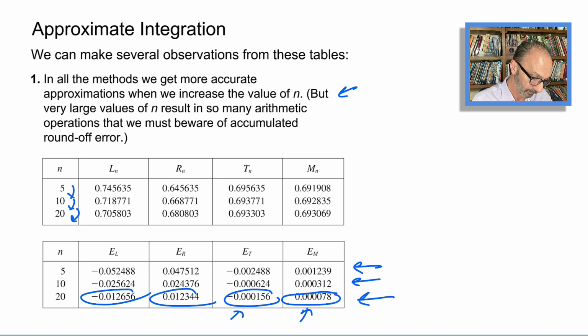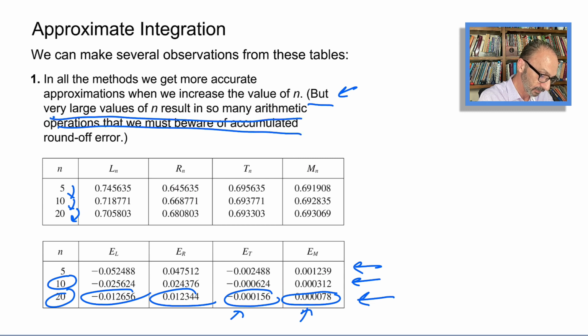Okay? But there's a problem by doing 20 for n, or 10, or 50, or 100. The problem comes from the following. It shows right here that very large values of n result in so many arithmetic operations.